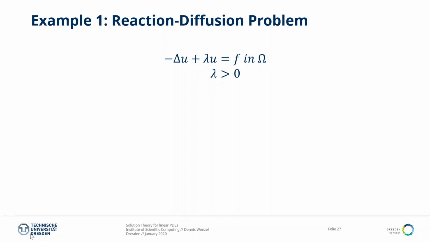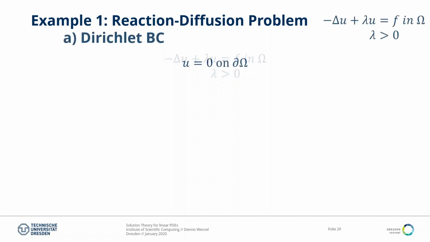So we have a problem that is composed of the Laplacian and some reactive term. That's something you've seen before. And as the first case, we talk about the Dirichlet boundary condition. So we take this simple problem and put in homogeneous Dirichlet boundary conditions. That's not very problematic.